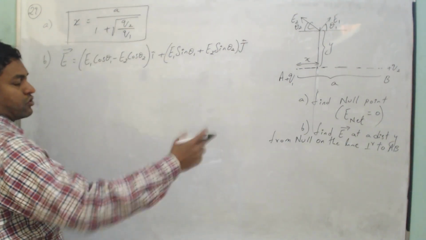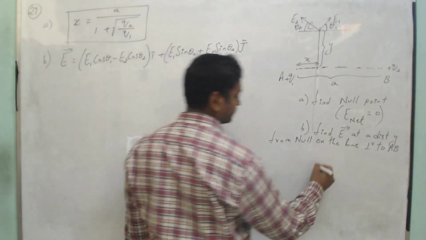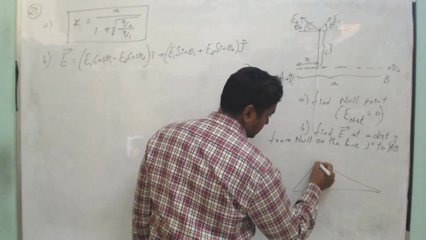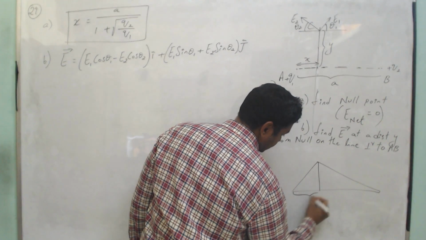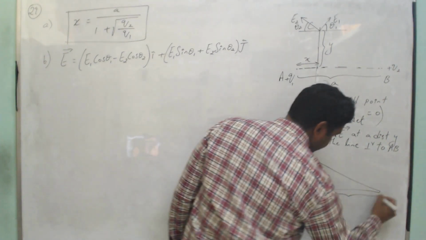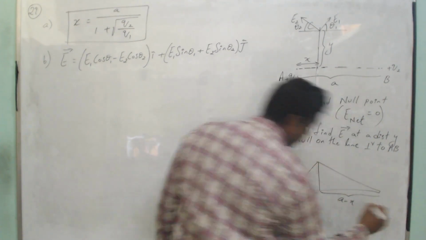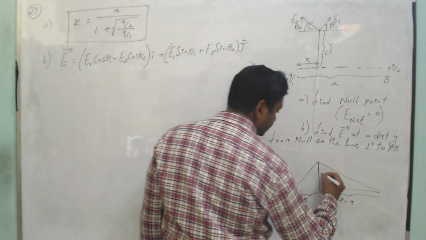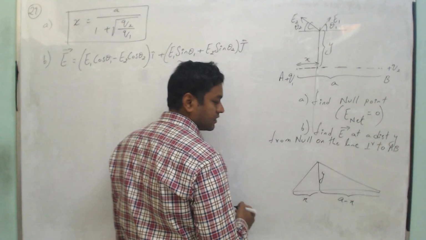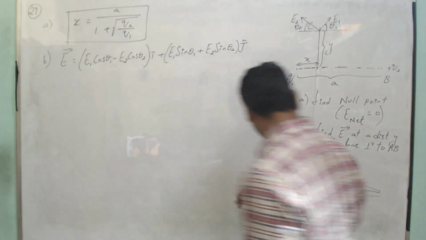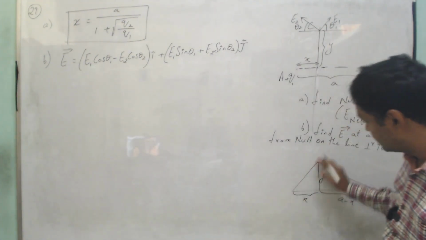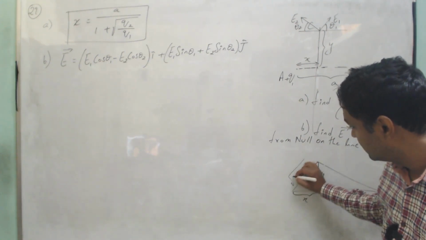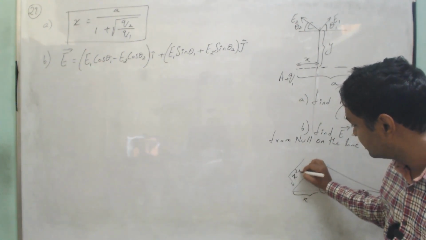So let me draw that triangle over here. This triangle looks something like this, where this distance is x. Obviously, this becomes a minus x, correct? And it is given that this distance is y. So now I know the hypotenuse of this smaller triangle, square root of x square plus y square.